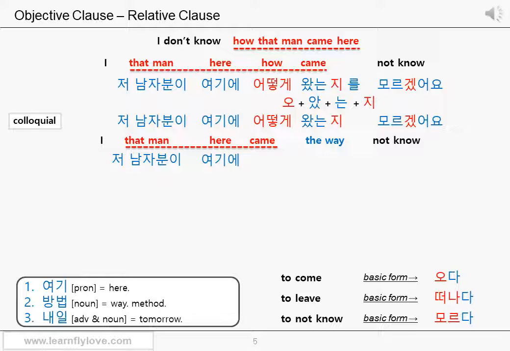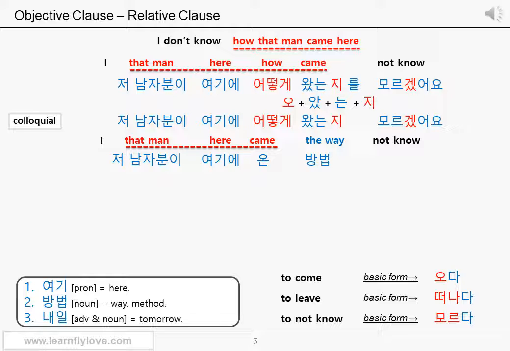Yes, the final ㄴ consonant or 었던, 했던 sound. This sentence doesn't imply the meaning of not anymore. Therefore, let's just use final ㄴ consonant. The stem is 오. 오 plus final ㄴ consonant becomes 온. 저 남자분이 여기에 온. The way, 방법.